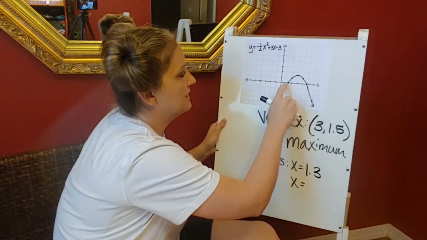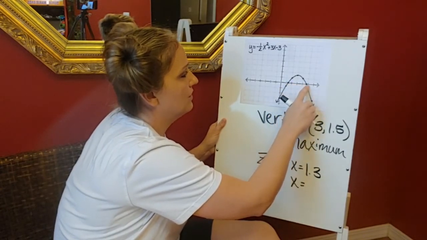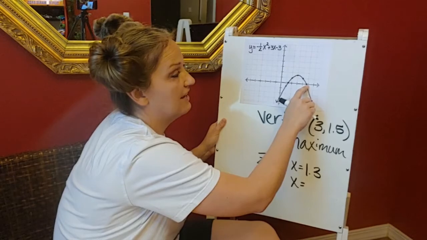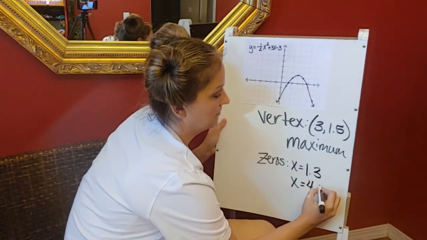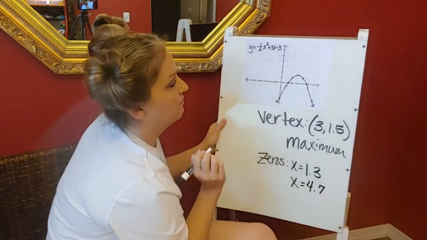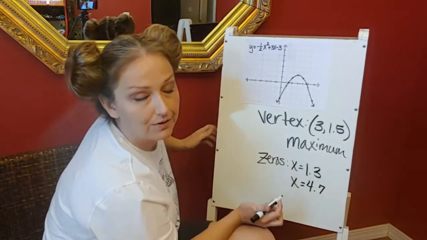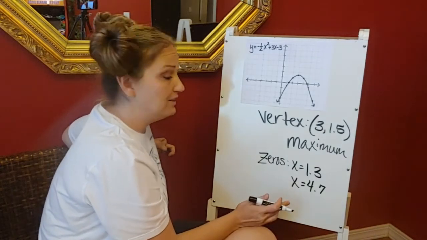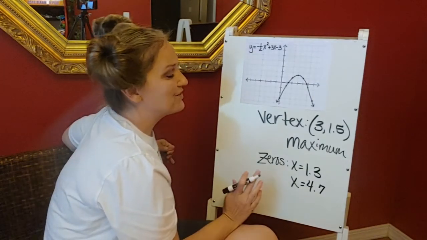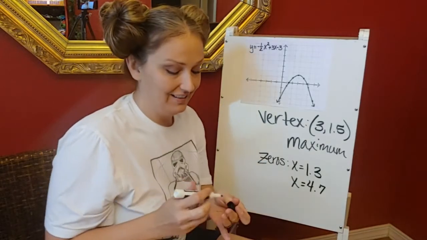This other zero is at 4.7. If you're going to be real technical, it'd be 4.6 repeating, but I'm going to round that up to 4.7. And those are the zeros of this graph.